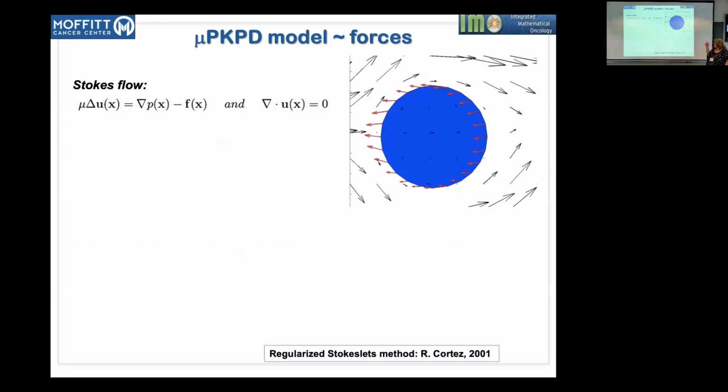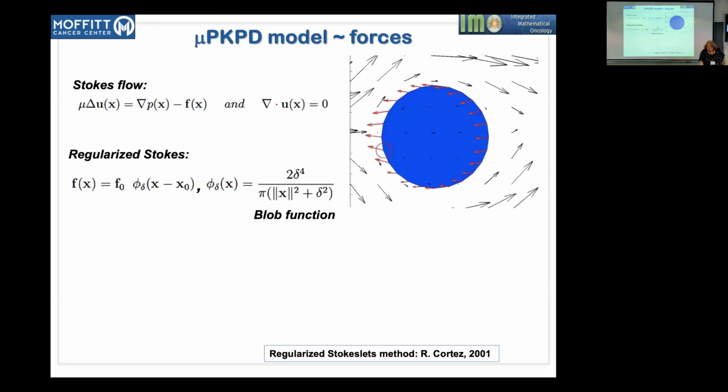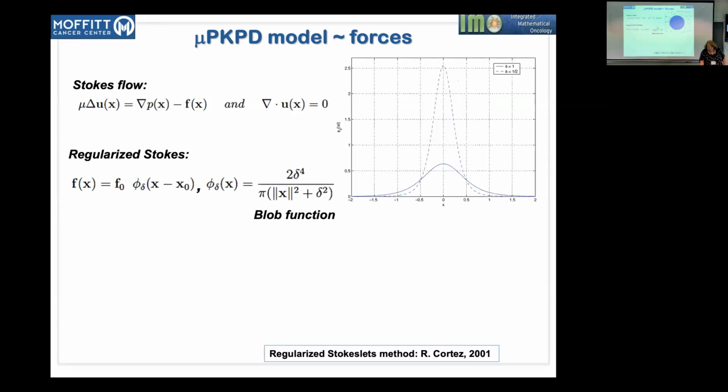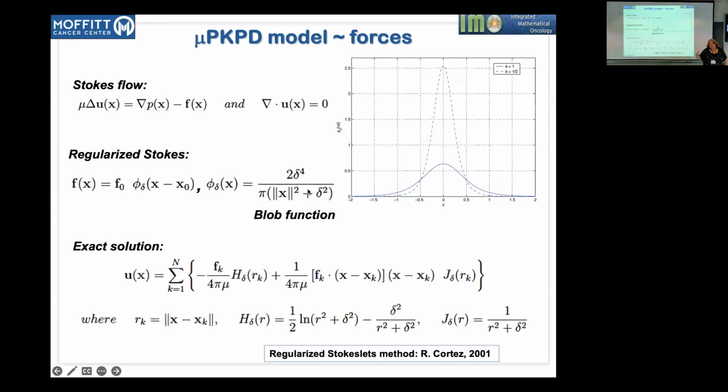That means that instead of the point force, you spread this force into a small region, and you usually use a blob function that has a Gaussian structure. And if the spreading function, the blob function, is chosen properly, then you can actually solve the equation exactly, right? So you don't need any approximations here. You have the exact solution that depends on the point forces applied in the whole problem.